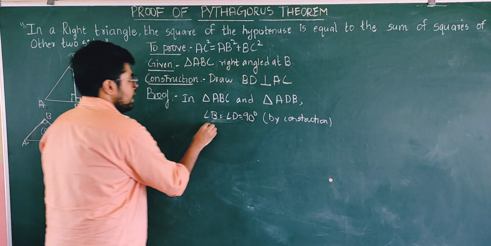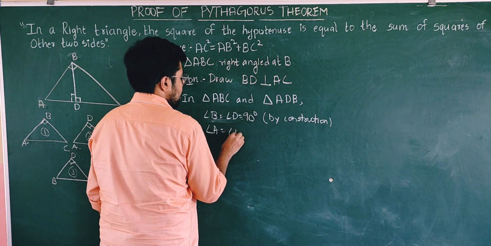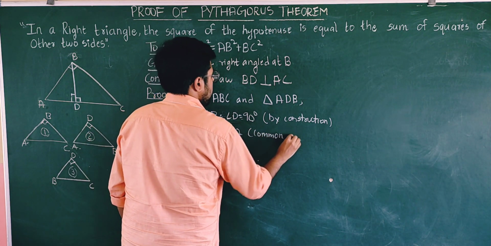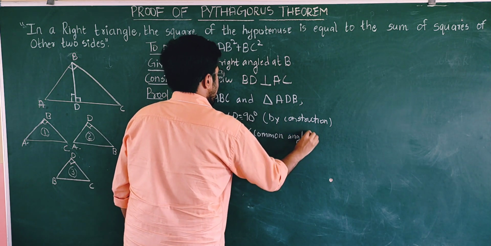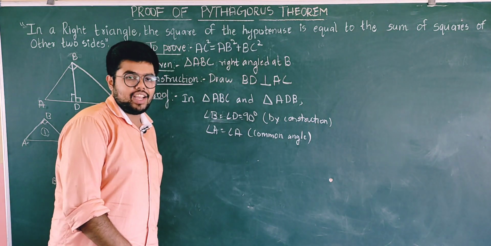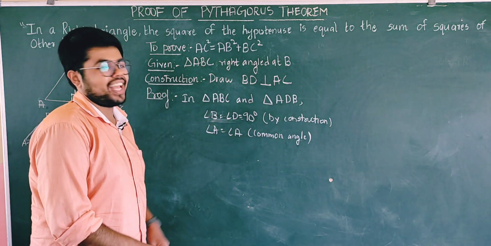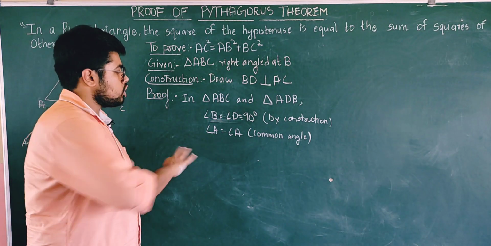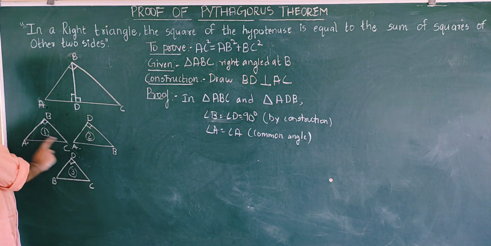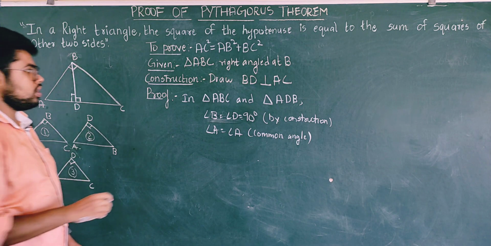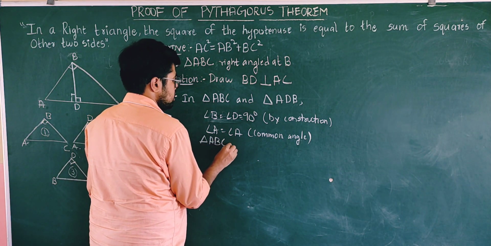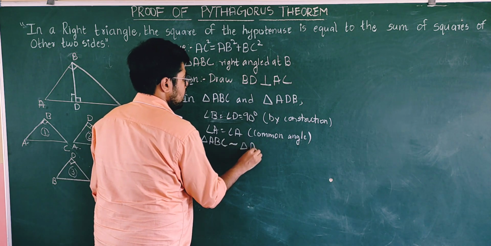I will write angle A and angle A is the common angle. Now, according to the angle criterion of similarity, if just two angles are the same, these both triangles are similar. This angle and this angle are the same, this angle and this angle are the same, therefore triangle ABC is similar to triangle ADB.